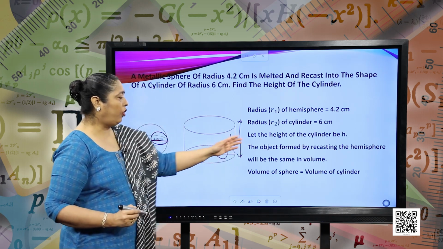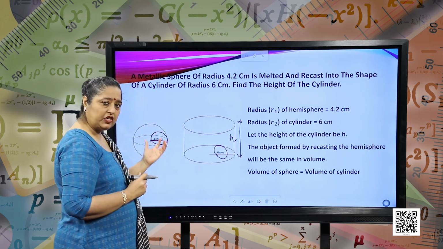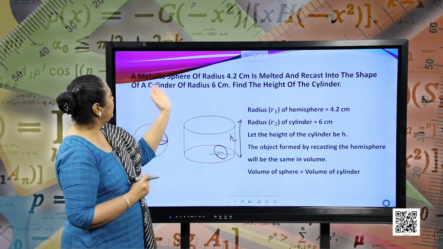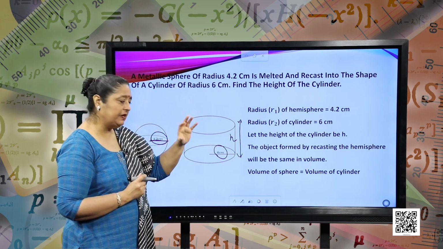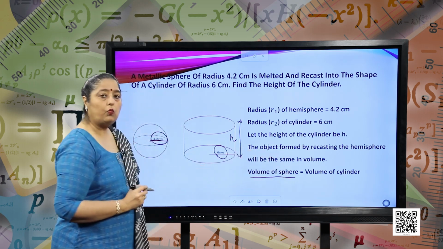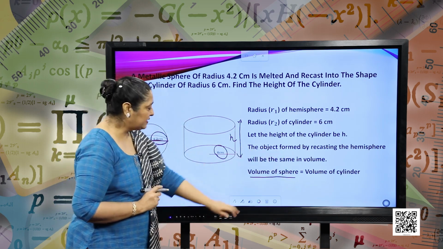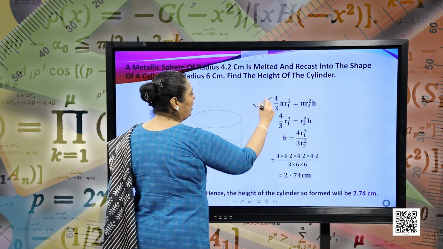Now, the object formed will be the same in volume. The object reshaped from a metallic sphere to a cylinder will have the same volume. So, the volume of the sphere will be equal to the volume of the cylinder. So, let us calculate, substituting the formulas.